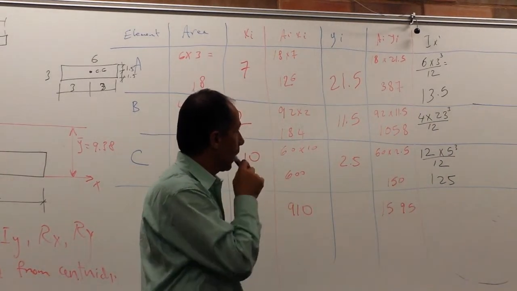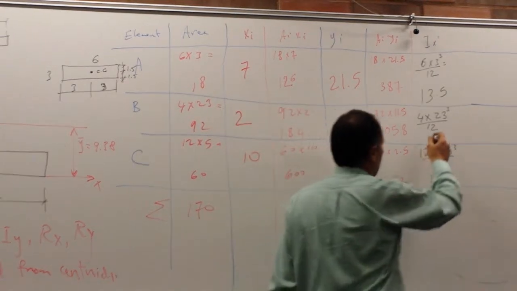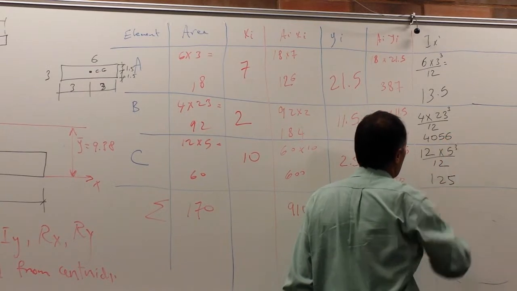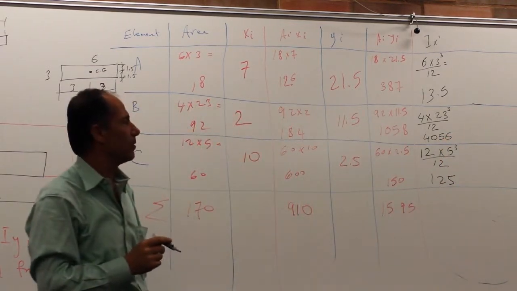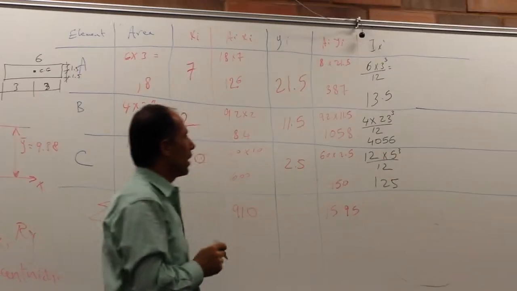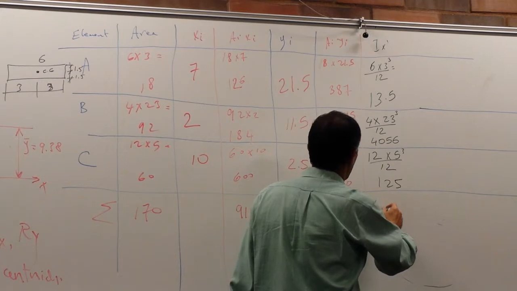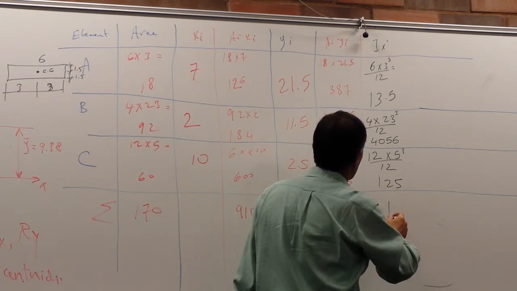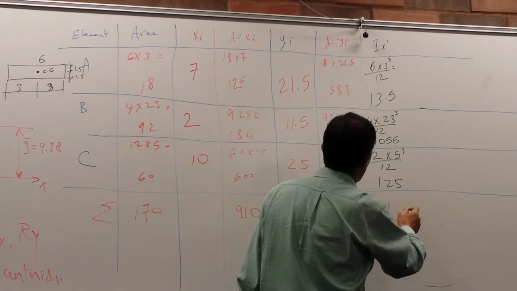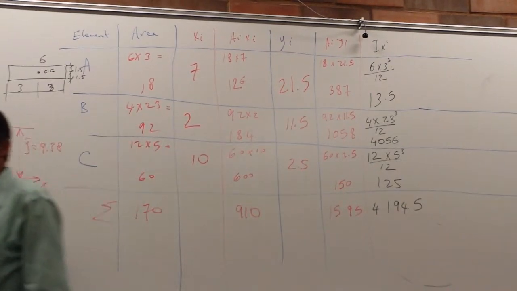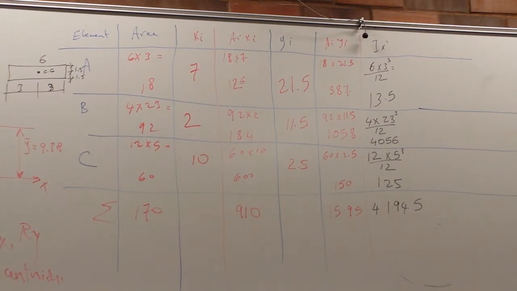Any numbers? I got 4056 for B, and the last one is 125. Add them together: 4,194.5, correct? Okay. Good. Next.